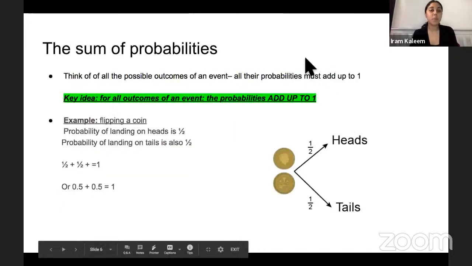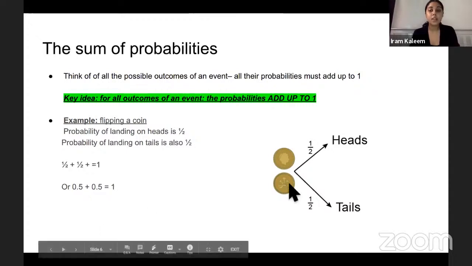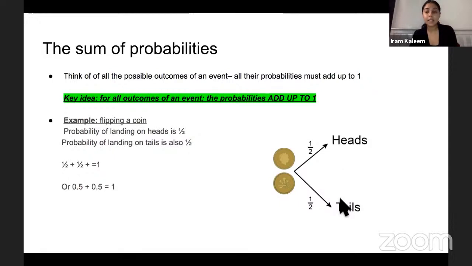The sum of probabilities. Think of all the possible outcomes of an event. All their probabilities must add up to 1. So this was a key idea that we looked at. Again, if you don't have this written down already, I'd say write down what's highlighted. The key idea is that for all outcomes of an event, the probabilities add up to 1. So we looked at the example of flipping a coin and landing on heads and tails.